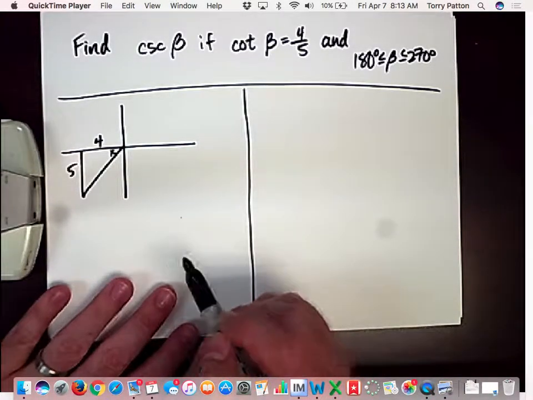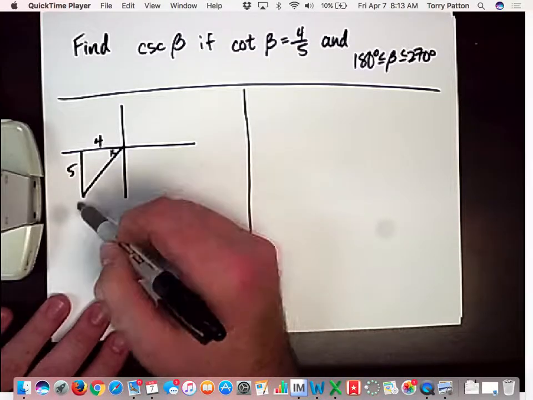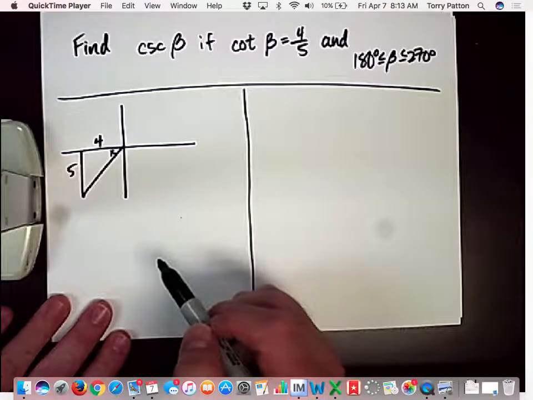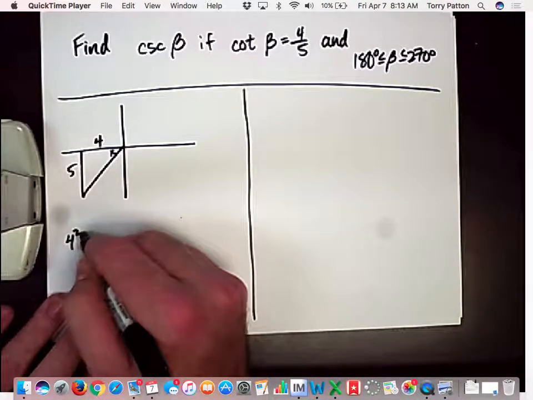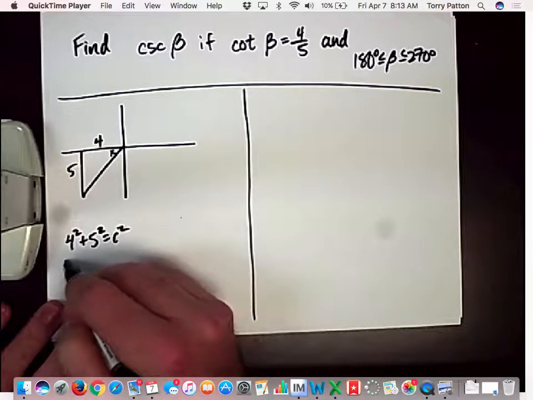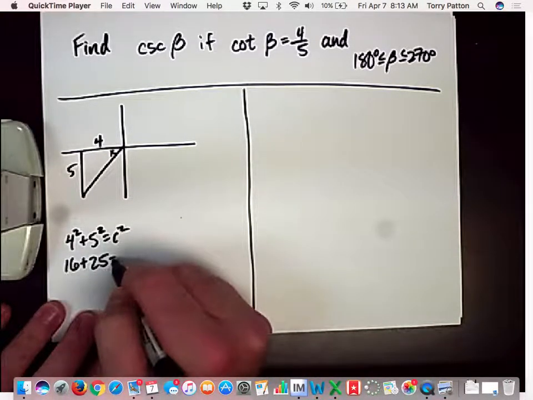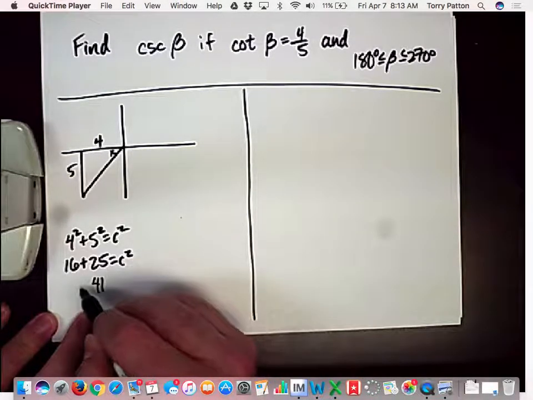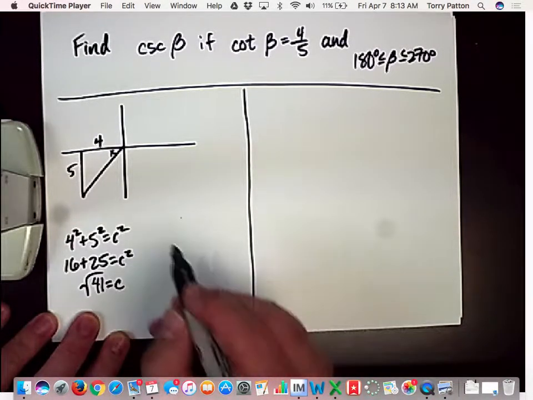Then you could use the Pythagorean theorem to figure out C. So 4 squared plus 5 squared equals C squared. So 16 plus 25 is C squared, that's 41, so C would be the square root of 41.